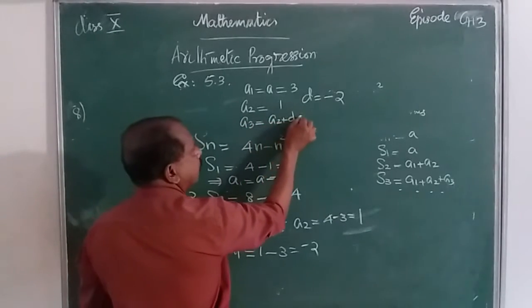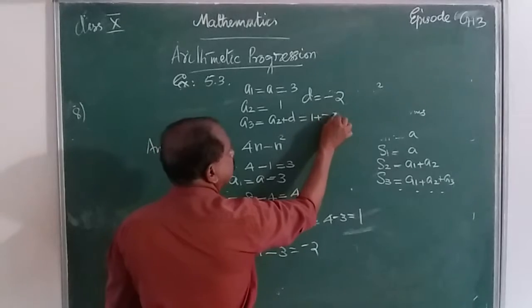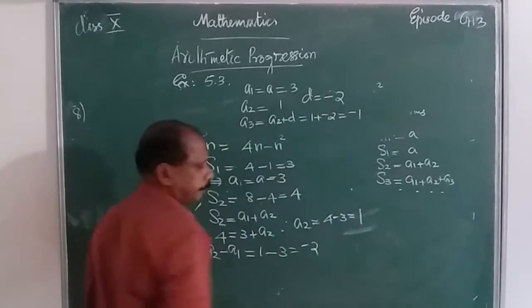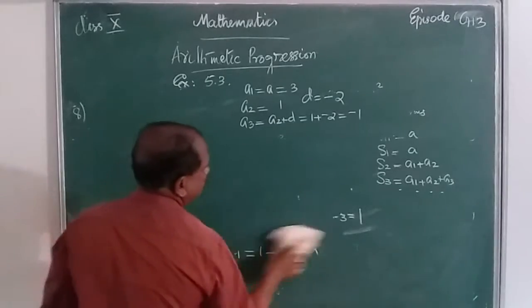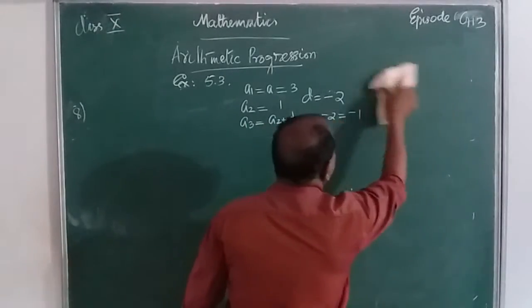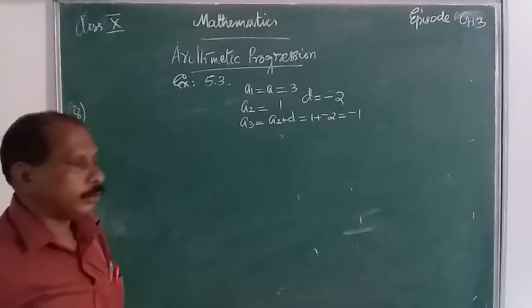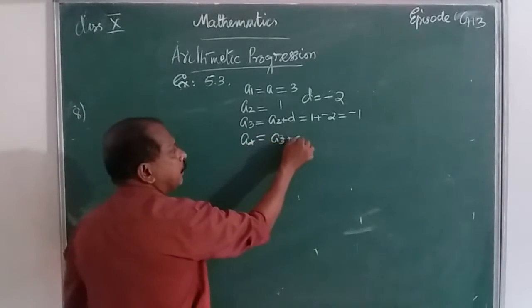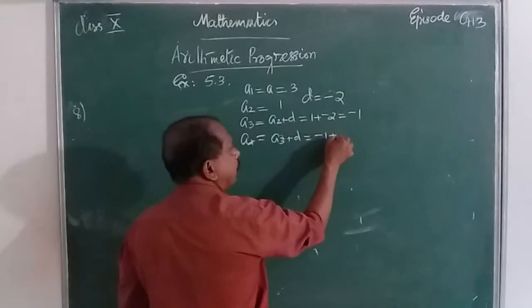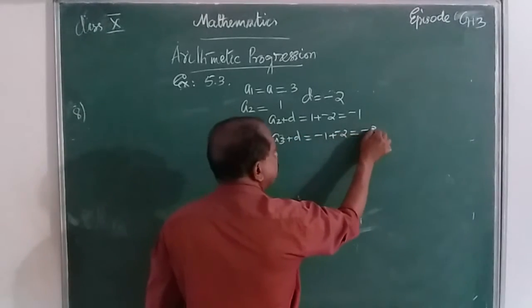A2 plus d is equal to 1 plus minus 2 is equal to minus 1. Then A4 is equal to what? A3 plus d is equal to minus 1 plus minus 2 is equal to minus 3.